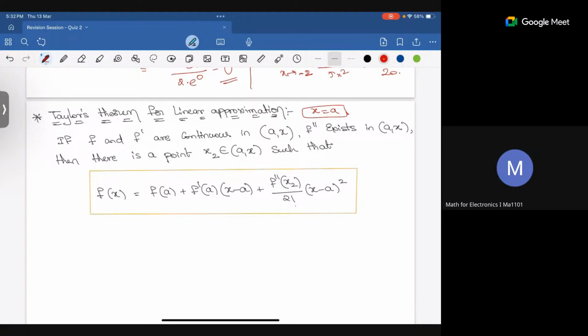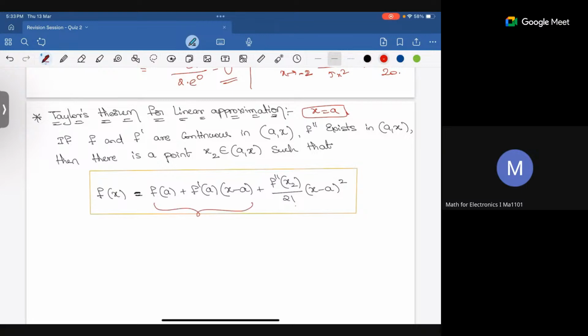Then there will always exist a point x2 in this interval a comma x, such that our function f of x is actually equal to, it's not an approximation. Okay, so we are writing it equal to, observe this. What we are writing is f of x is equal to the linear approximation.